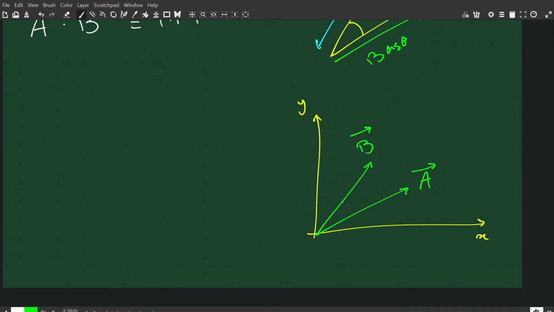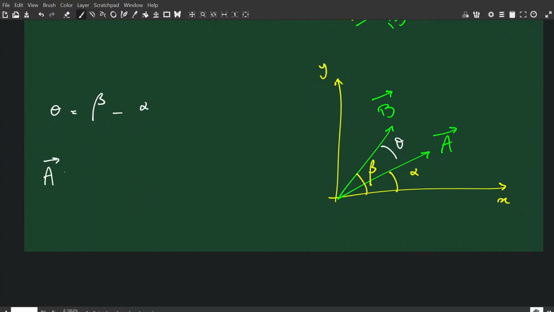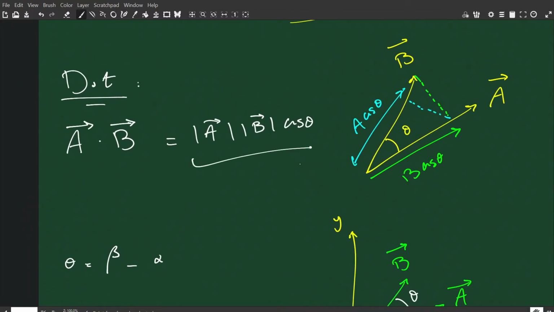And this one was theta. Assume that this angle is beta and this angle is alpha. And I said it's theta. So theta is beta minus alpha. A dot b is a scalar, as you see it here. It's a scalar.